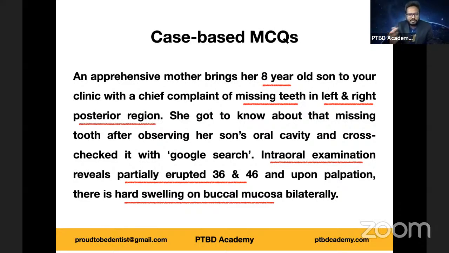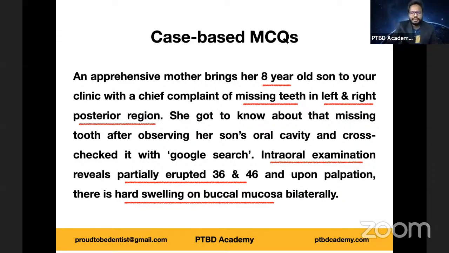Maybe the cusps are visible, partially erupted. And upon palpation, there is hard swelling on buccal mucosa. Make a note of the age of the patient, make a note of the missing tooth or teeth, and make a note of the signs which you notice, that is hard swelling on buccal mucosa.